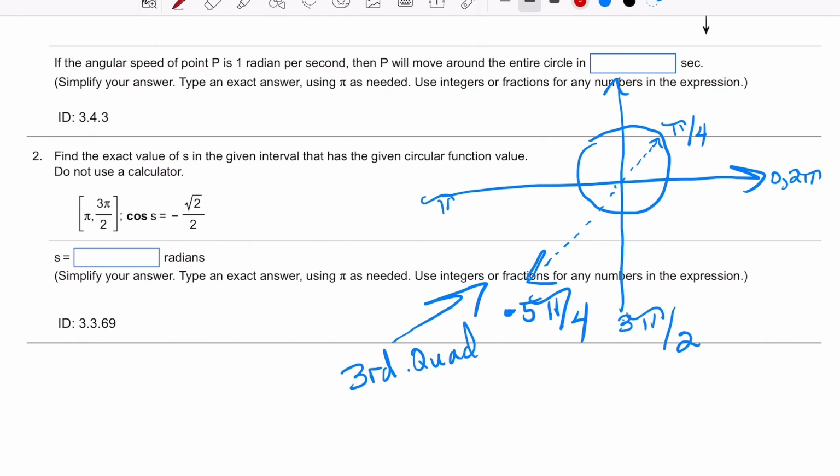No matter what it says on your actual test, if it's going from 0 to pi over 2 or 0 to pi, whatever it says, just follow that. Then you just need to use your unit circle, or you could use the TI-Nspire calculator.